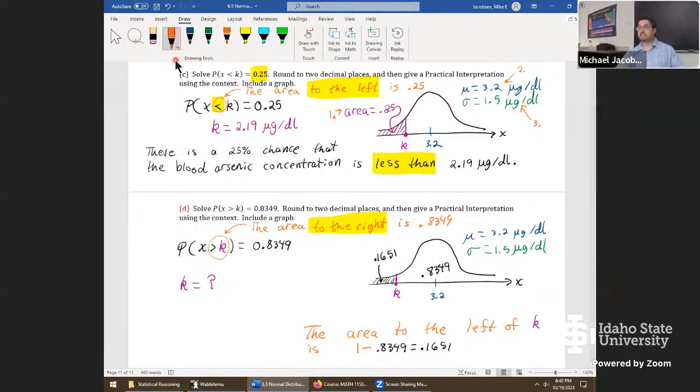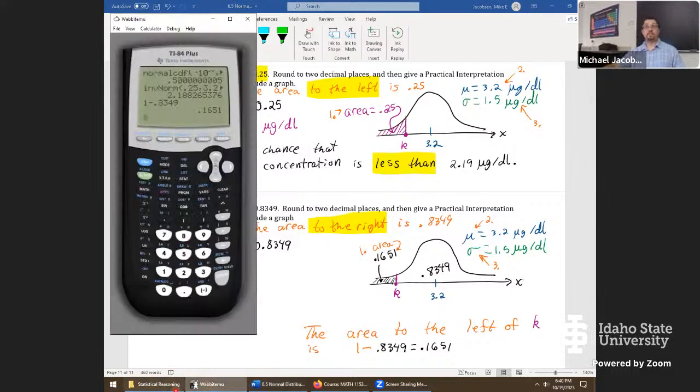And now here's the organization in the calculator. Here's input 1, area. Then this is our input 2 and our input 3. So now we should be in business with this one. Let's see what it comes out as. Hit second vars, inverse norm will take the area and we'll give it 0.1651.